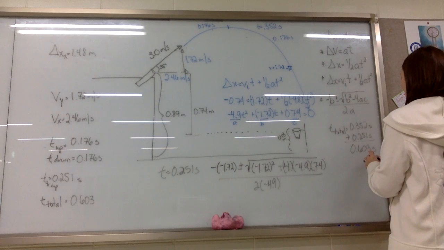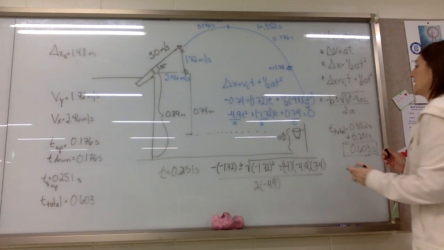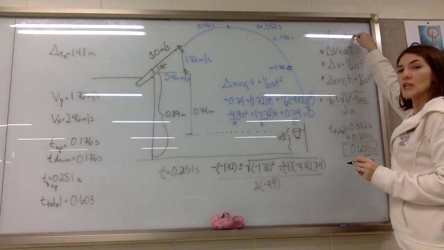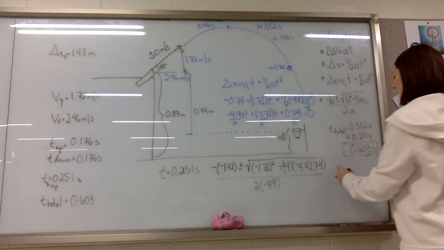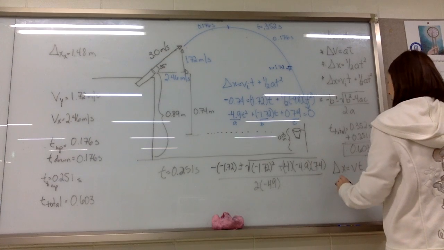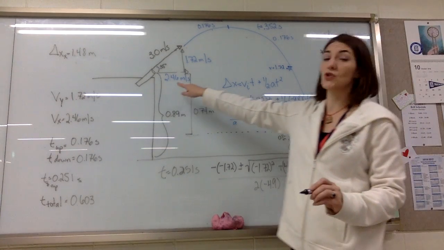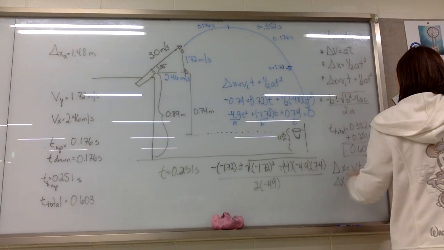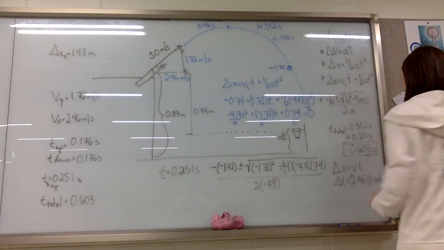Okay. Now, that's the total time of the flight, so I need to take that number and plug it into my change in x equals v times t. So change in x equals my horizontal velocity, which is 2.46, times my time, which is 0.603.